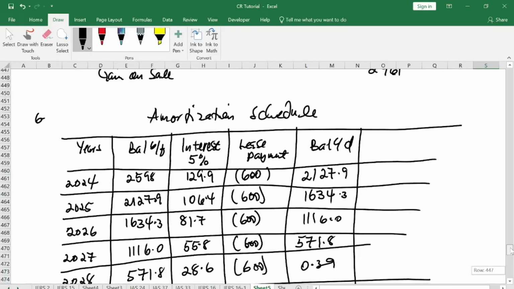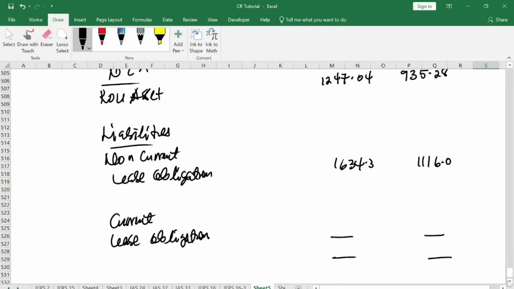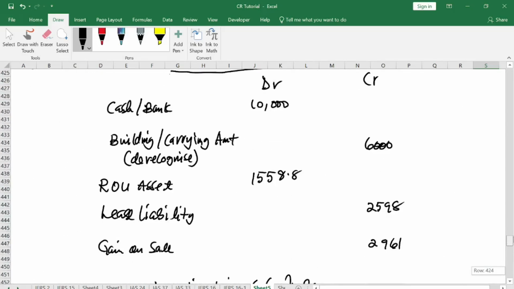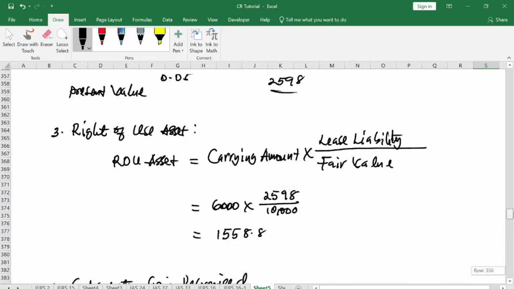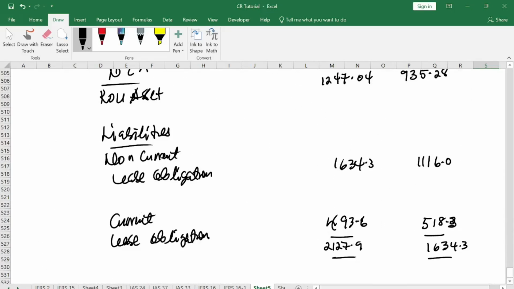You bring the first 2127.9 and 1634.3, which gives us the total. So that is it about sale and leaseback and its accounts. Thank you very much.